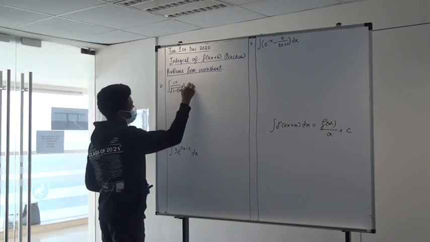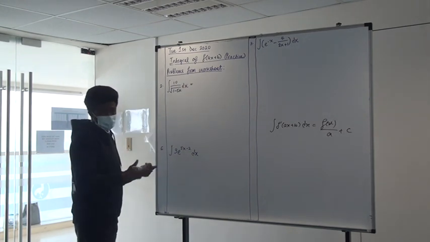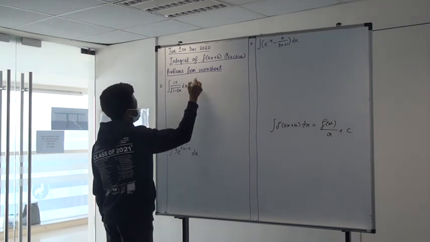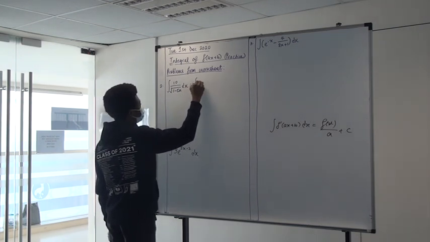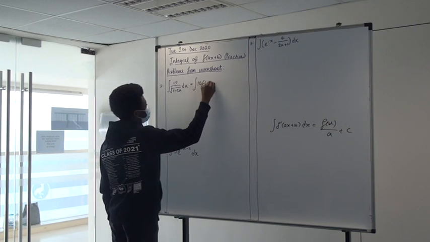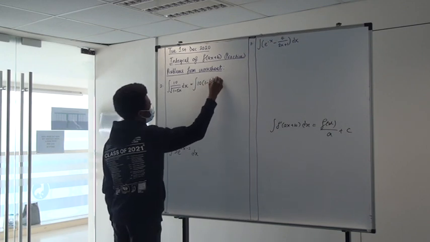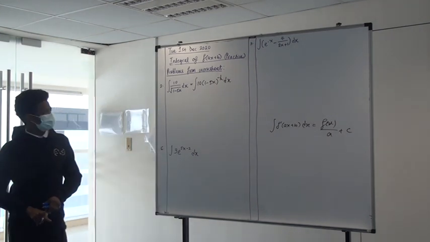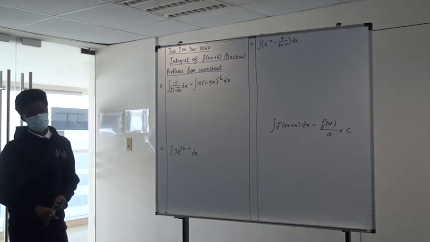Okay, so the first thing is to write it properly. So this will be the integral of 10, 1 minus 5x raised to power negative half. And we all know that 10 is a constant, so 10 is out of the problem.